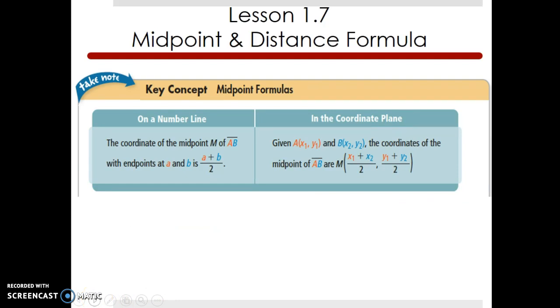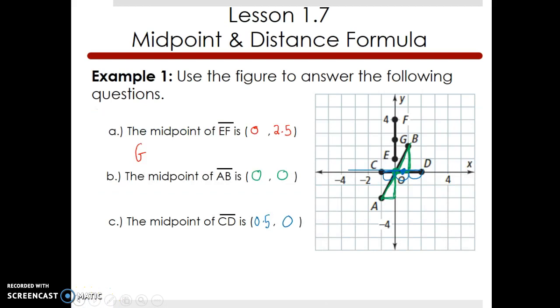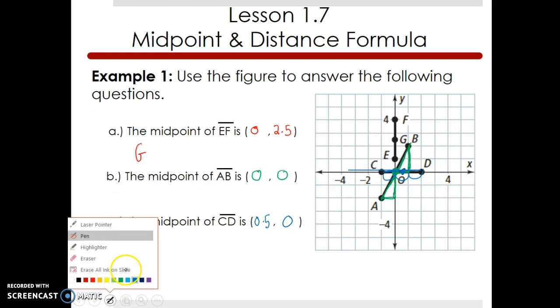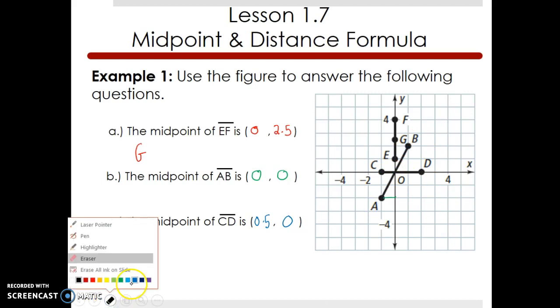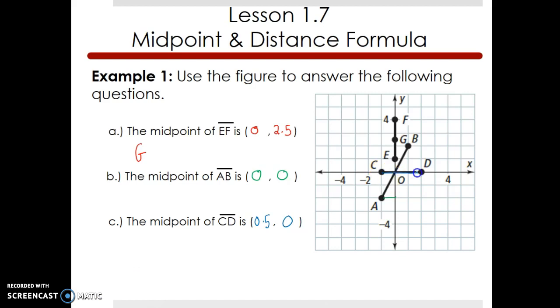Okay, so now on a number line, you could just add the 2 points and divide it by 2. So I'm just going to go back. And if we see this one, let's just say CD is on the number line.